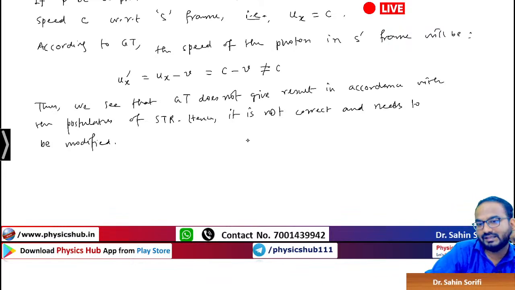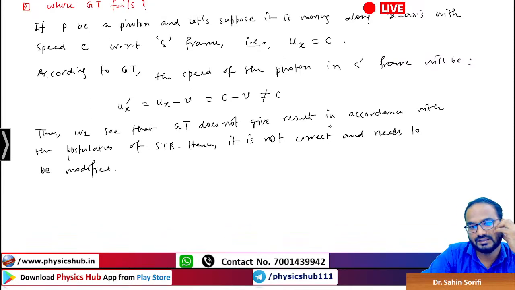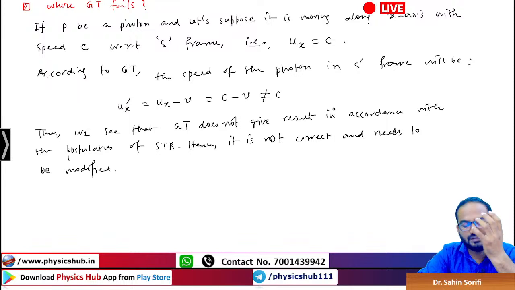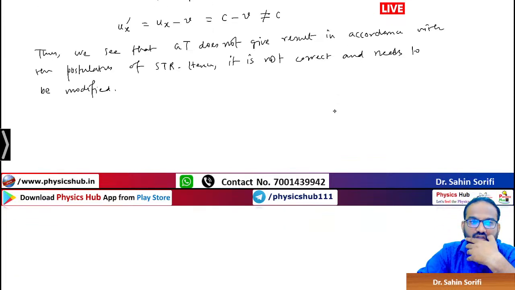Einstein did it, but Lorentz did it before. As Lorentz did it before, that is why Einstein's name is not given. It is given to the one who did it before. Lorentz did it before Einstein. Those are called Lorentz transformations.